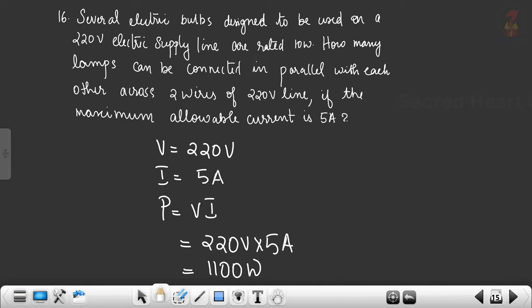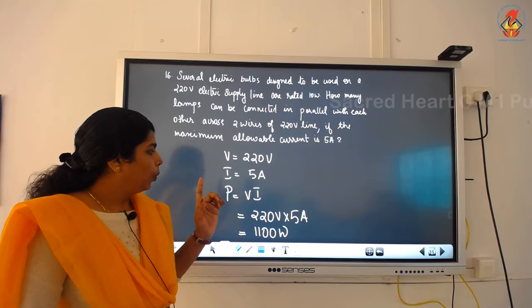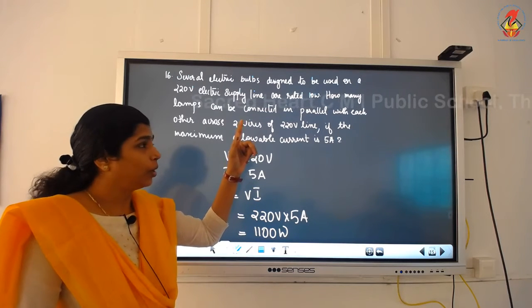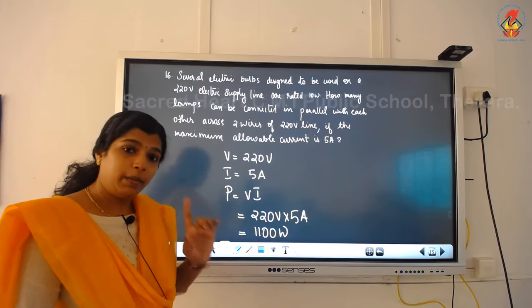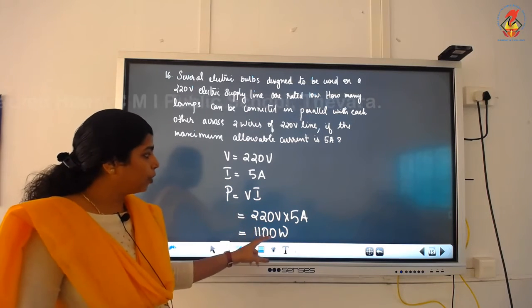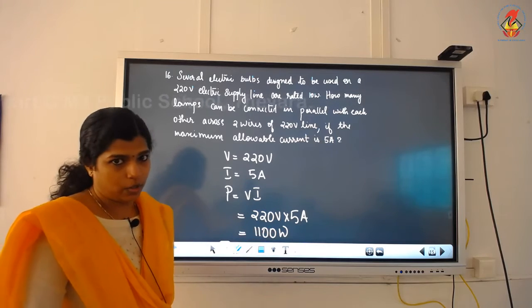Now, one bulb is having a power of 10 watt. Maximum power of that circuit is this much.